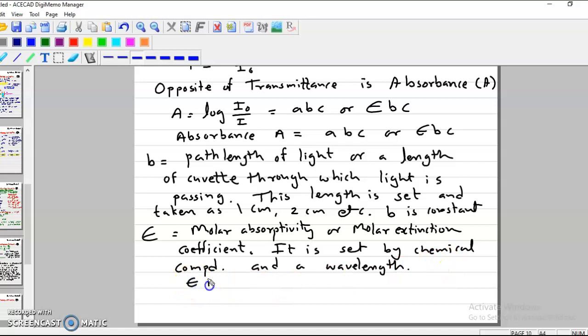Therefore, epsilon is also a constant. So in this formula, A is equal to epsilon BC, epsilon and B are constant.